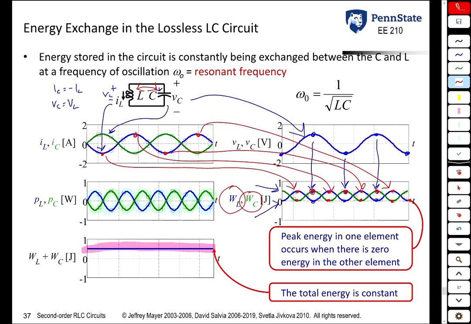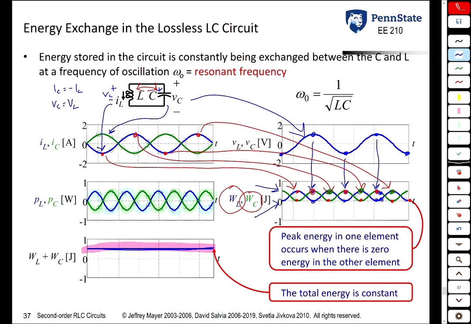At other points in time, all the energy is stored in the inductor, here, here, here. And at other points in time, the energy is stored in both the capacitor and the inductor. But the total energy is always constant.